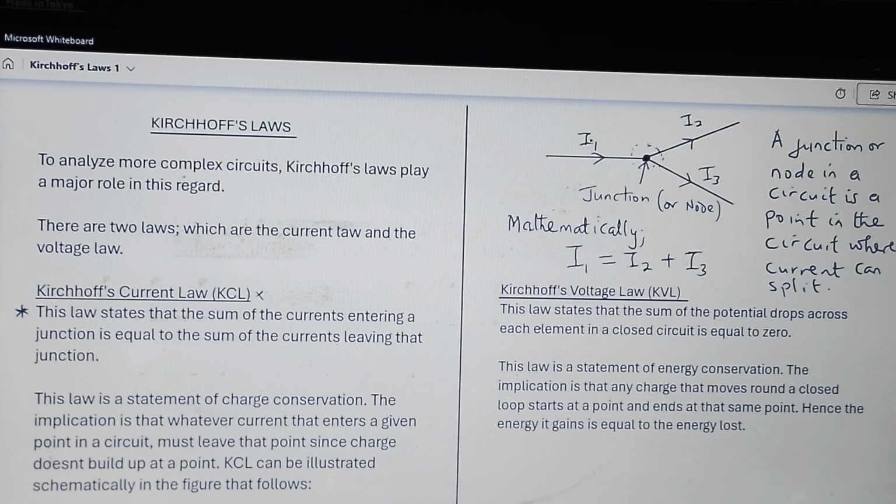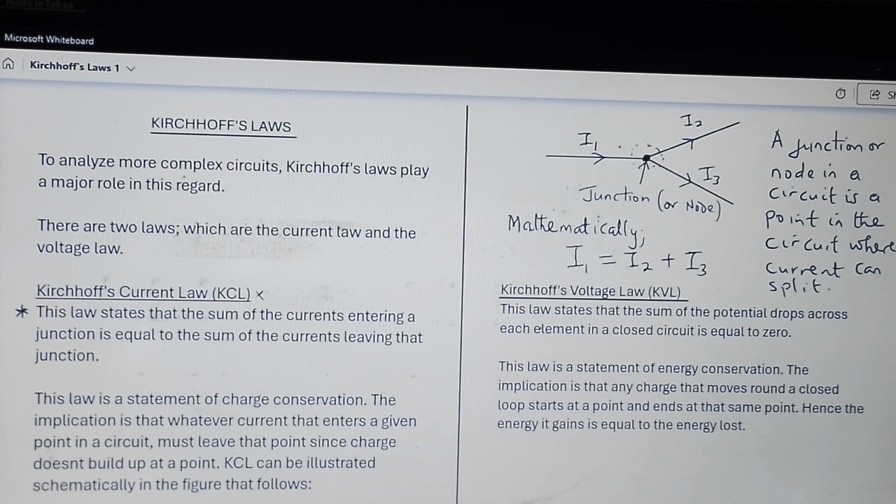You see this current I1, the direction is to your right, so it's moving towards this junction. Either you call it a junction or you call it a node. When it gets to this node, it will split into two parts. This is I2 moving in a different direction. This is I3 moving in a different direction.